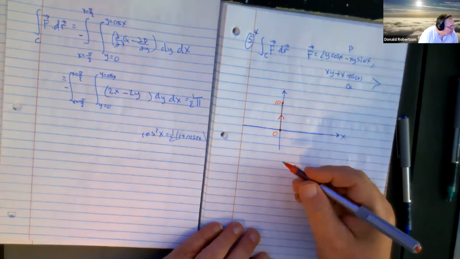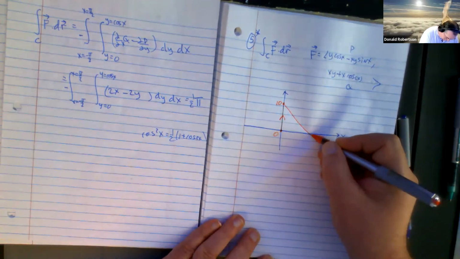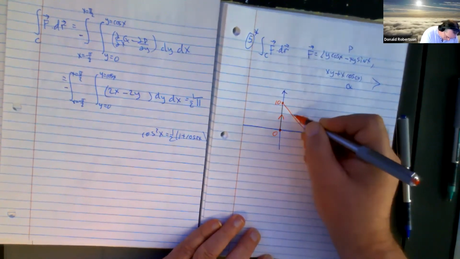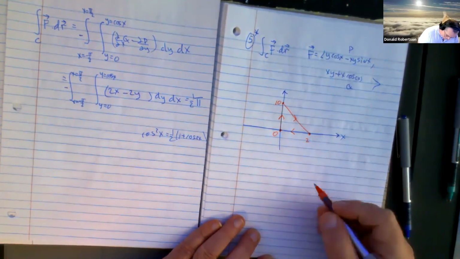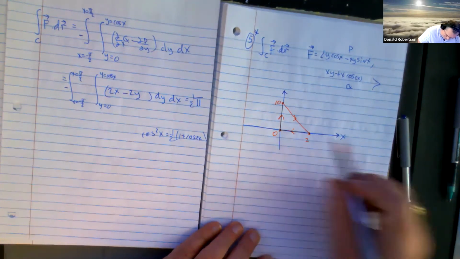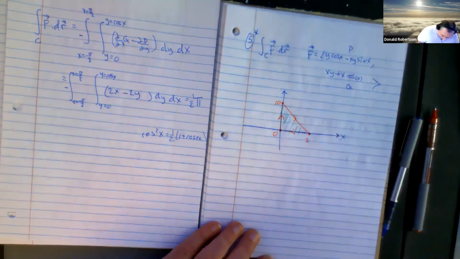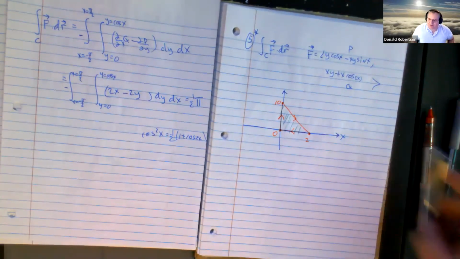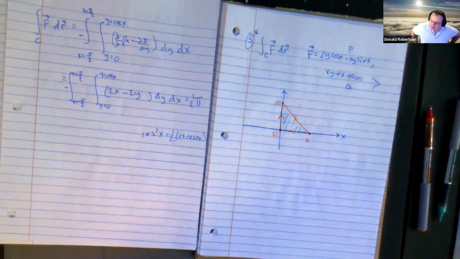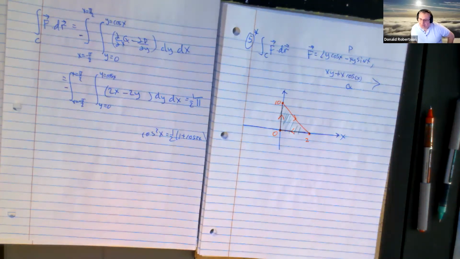And then you go to 2, 0. And then you come back home. I thought C was uglier when I scanned through it, but a triangle's not ugly, right? Triangle's easy to do. Right. There we go.